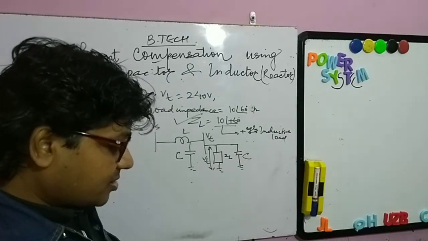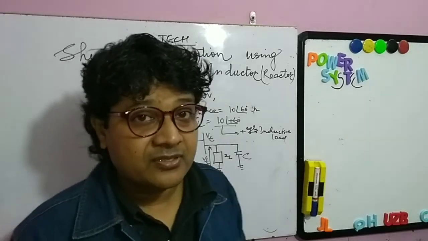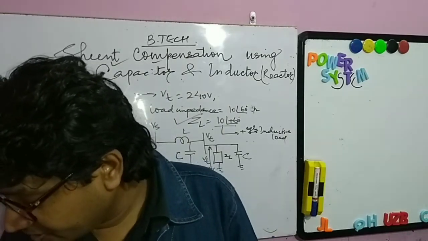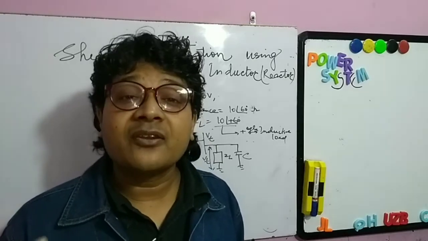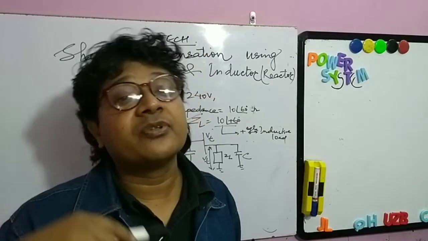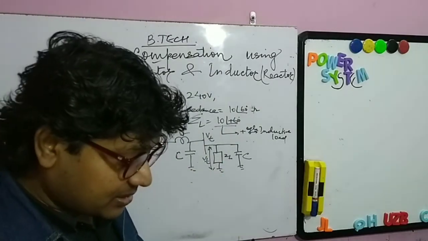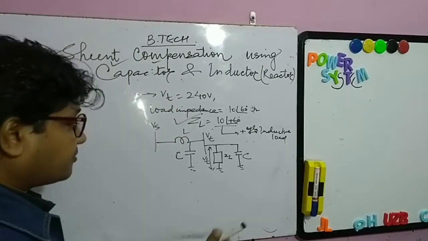If the capacitor supplies 1250, it is very obvious, we already know, that when we connect a capacitor in parallel, the capacitor will supply reactive power. So they are saying that the capacitor is supplying reactive power of 1250 var.